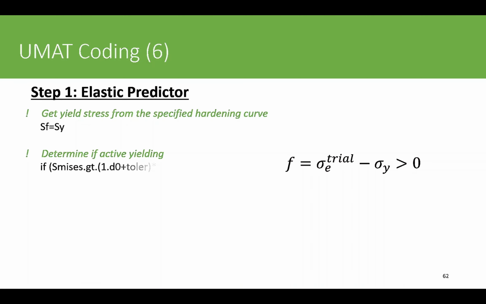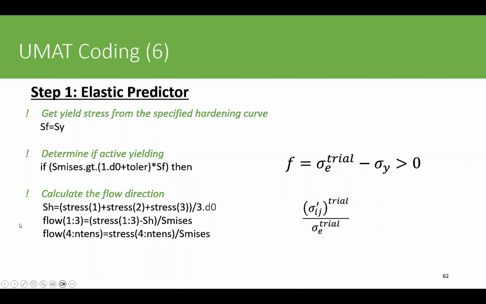So when we check this, we define this condition here. If S Mises, which is the trial stress, is greater than some tolerance value times the yield strength of the material, then we need to calculate the flow direction. We need to see how far we are out of that before we can apply the return mapping scheme, if you remember. And that flow direction was given by the derivative of the trial stress over the equivalent trial stress.